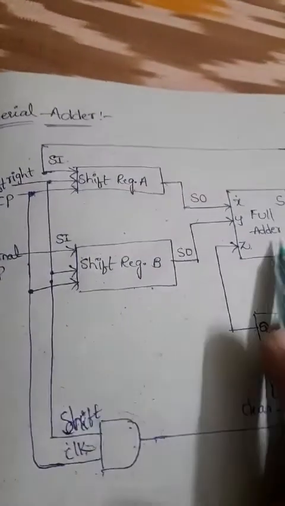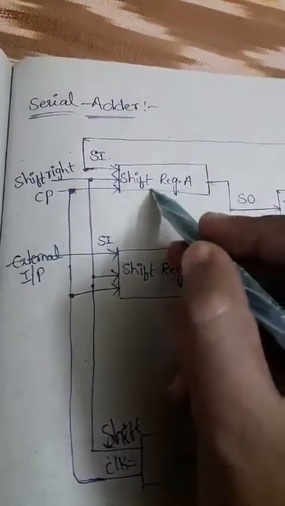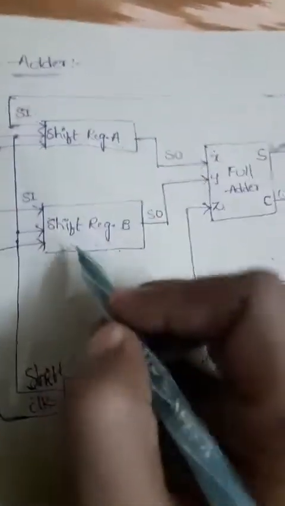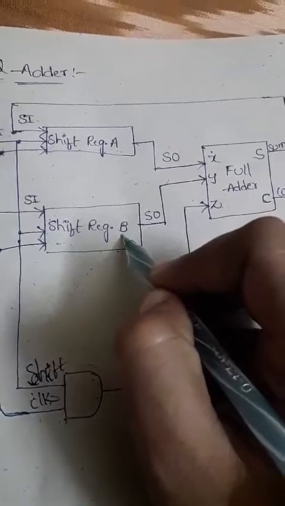Shift register A consists of some information, and shift register B also has some information.